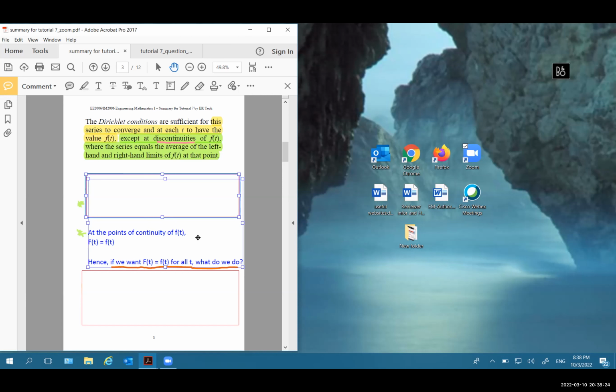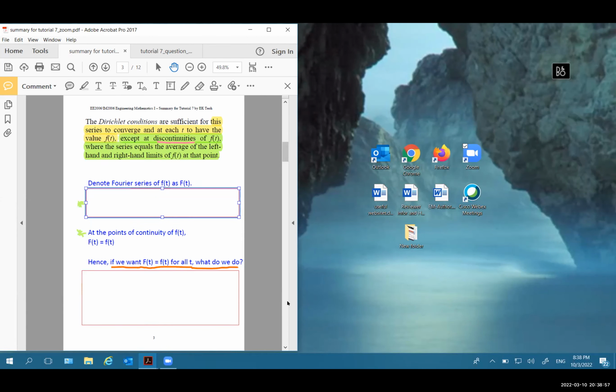Sorry, I forgot to show you this: we denote the Fourier series of f(t) as capital F. At the points of continuity of the function, the Fourier series and the function are equal. That means you are able to express the function as an infinite series. So this is at the points of continuity.